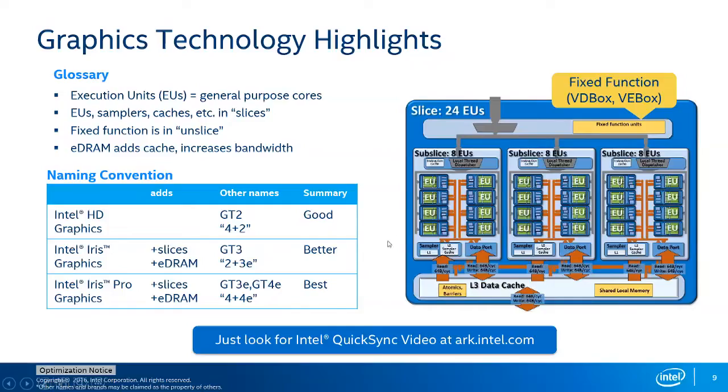That EDRAM being to provide an extra level of cache that can improve bandwidth between CPU and GPU. And then the biggest configurations, which is things like 4 CPUs, GT4 and EDRAM, which is kind of the best configuration for Iris Pro graphics.